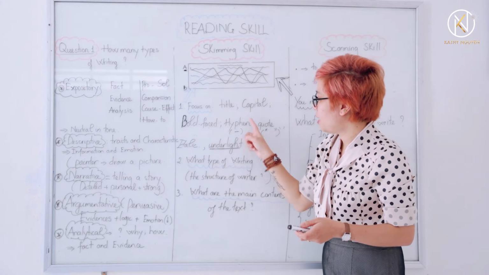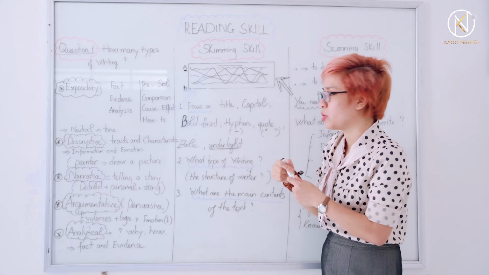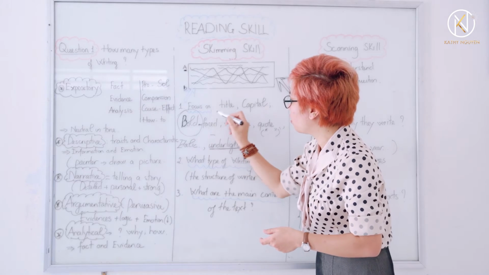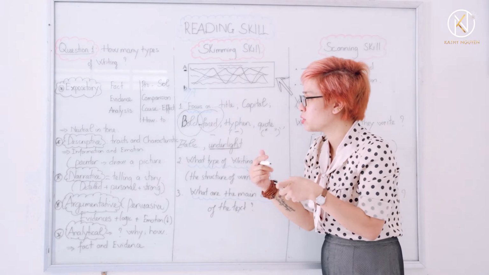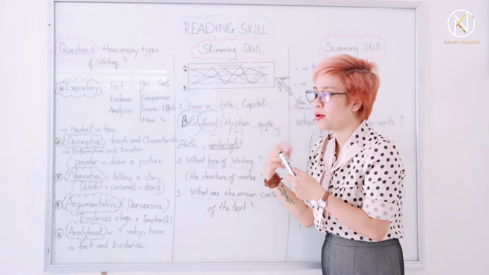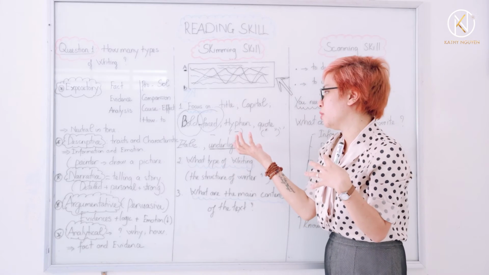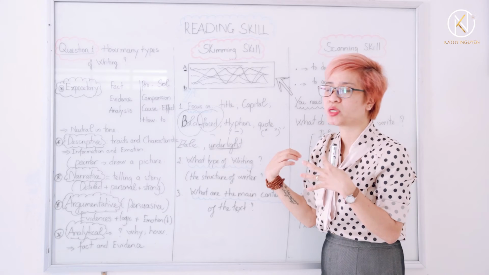And then hyphens. With a hyphen, they merge words together, maybe a compound adjective or compound noun, so they need to use it. Sometimes they want people to focus on this.